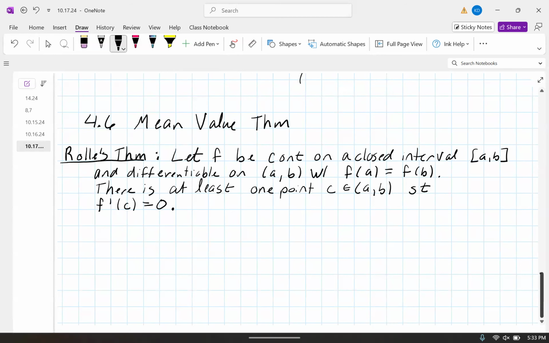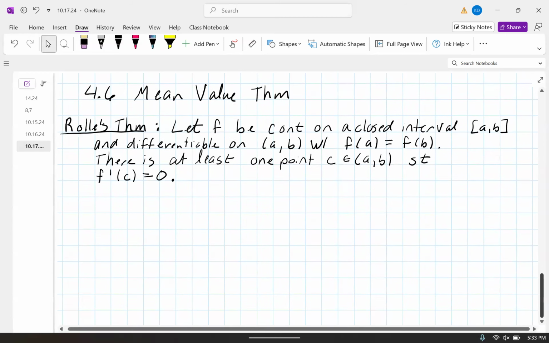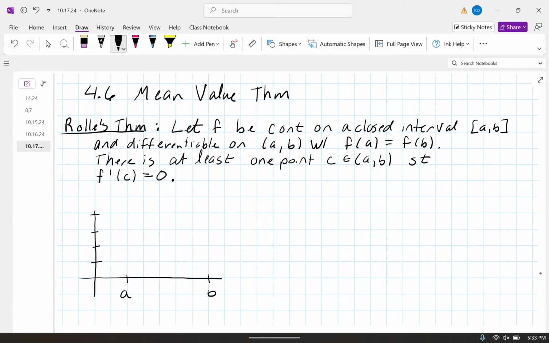So get that down, and then I'm going to draw a picture of what we're saying. We have a function that is continuous on our closed interval a to b, and it's differentiable on the open interval.